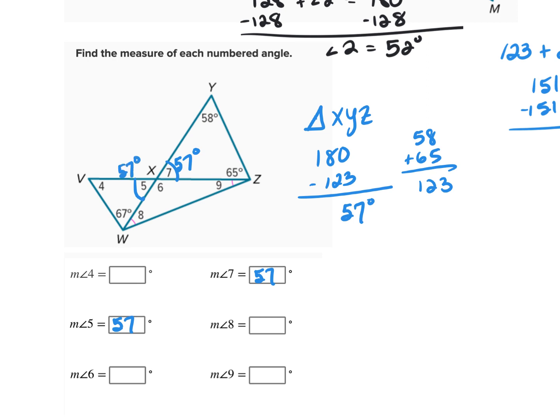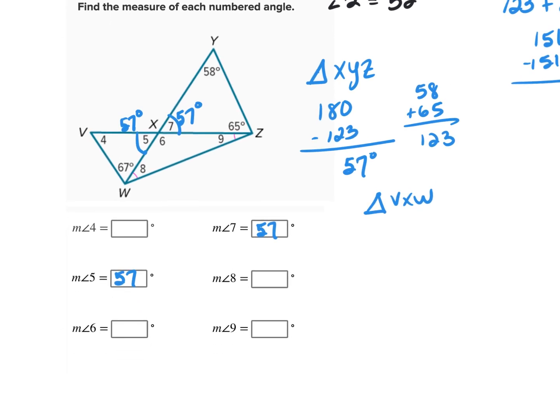Okay, so now you can solve for angle 4, because for triangle VXW, you have two of the angle measures, and so you can solve for number 4. So go ahead and solve for angle number 4.